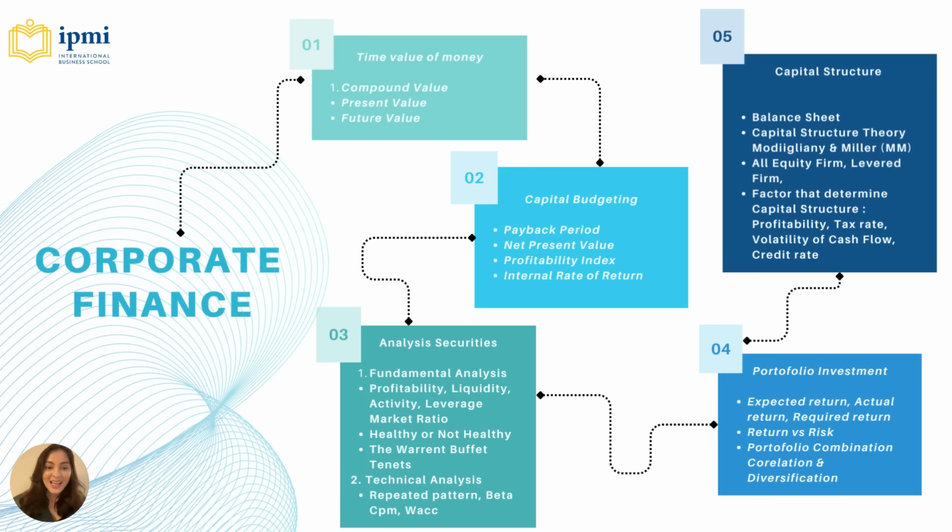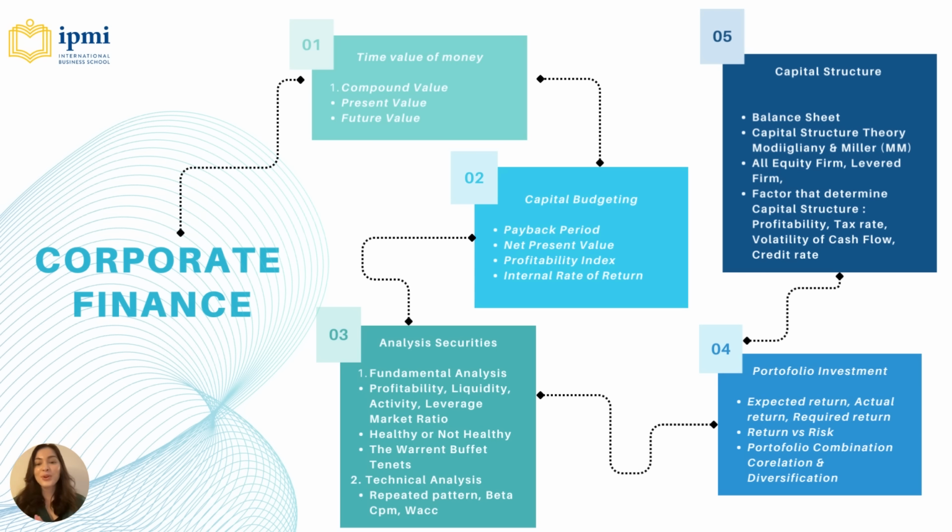To the next one, we have the analysis of securities, which includes fundamental analysis: profitability, liquidity, activity, leverage, market ratio, healthy or not healthy, the Warren Buffett tenets, and technical analysis: repeated pattern, beta, CPX, and WAC.